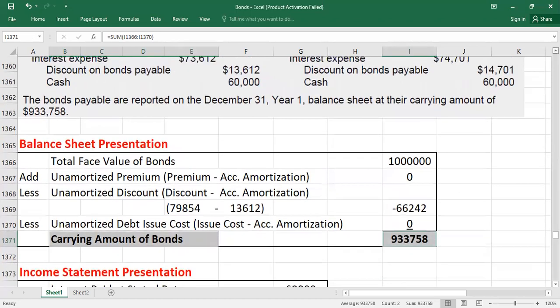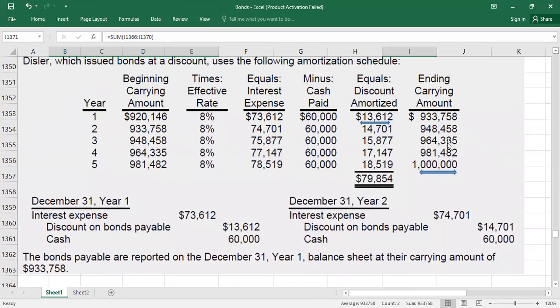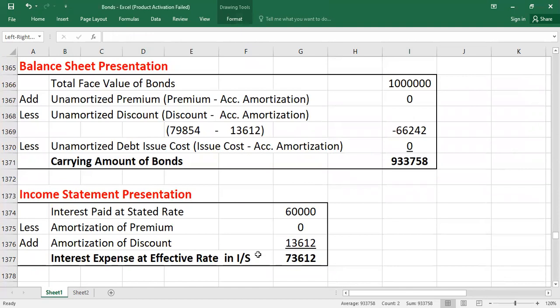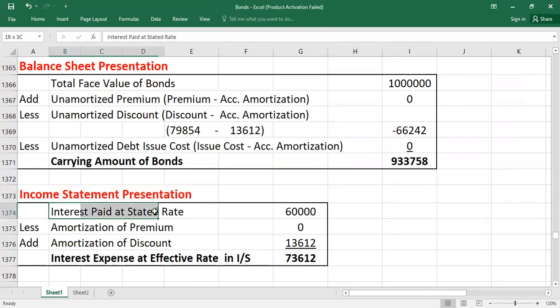Just confirm from the table also, so you can look here. Here is the carrying value, 933,754. Okay, then this is how you will present it in the balance sheet. Then in the income statement, what you need to do here, you will take interest paid at the stated rate, which was 60,000 every year, which you are paying, less amortization of premium. We are not dealing with it in this video. Add amortization of discount.